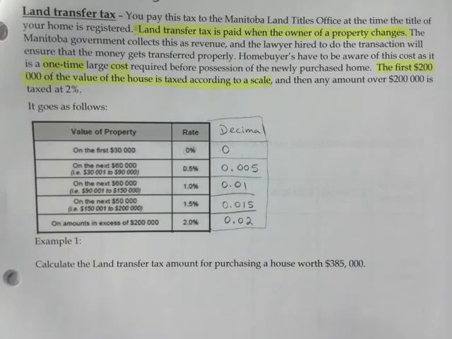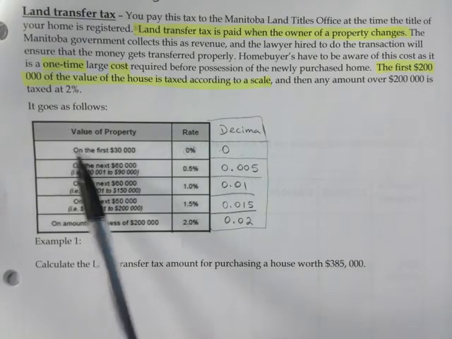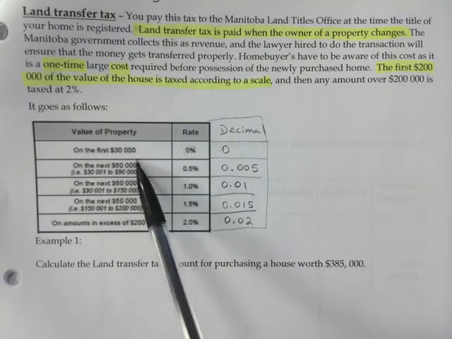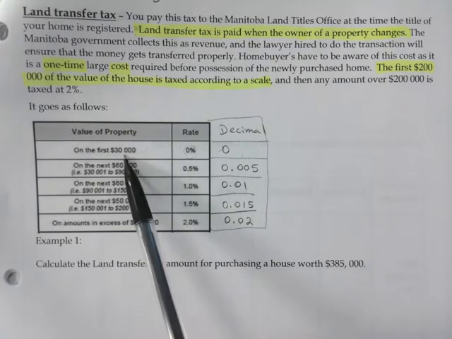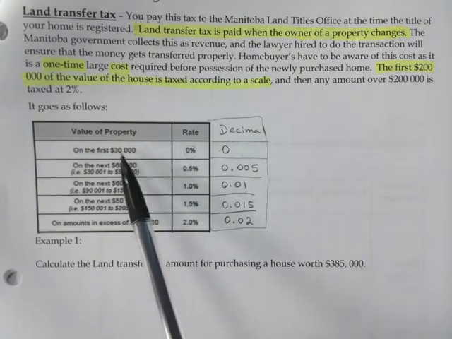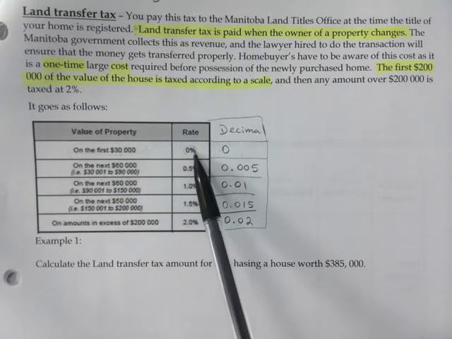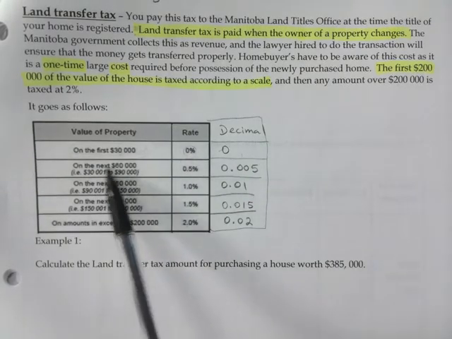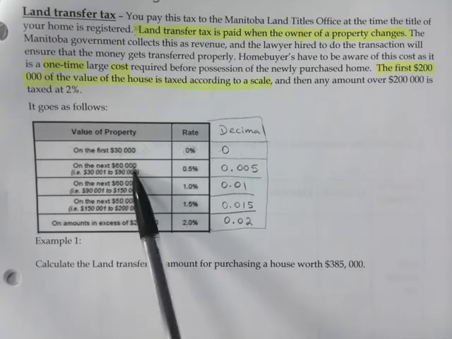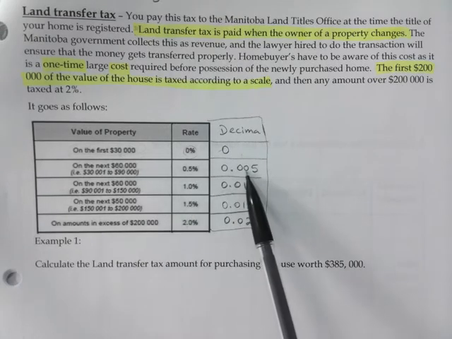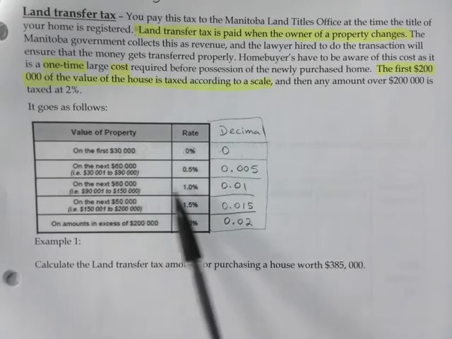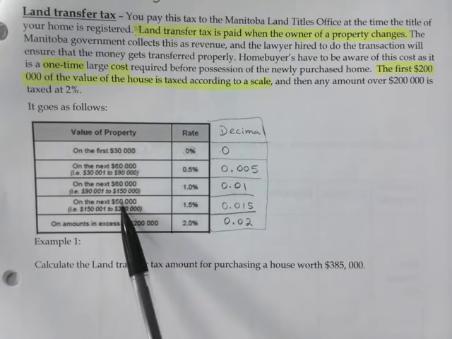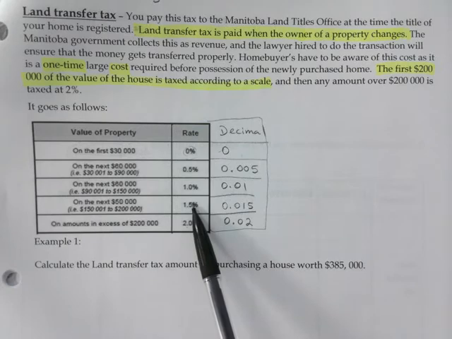So this is what this chart is telling you: on the first 30,000 of your property, you pay 0 taxes. On the next $60,000 worth of property, you would pay 0.5%. On the next 60,000, it's 1%. On the next 50,000, 1.5%.